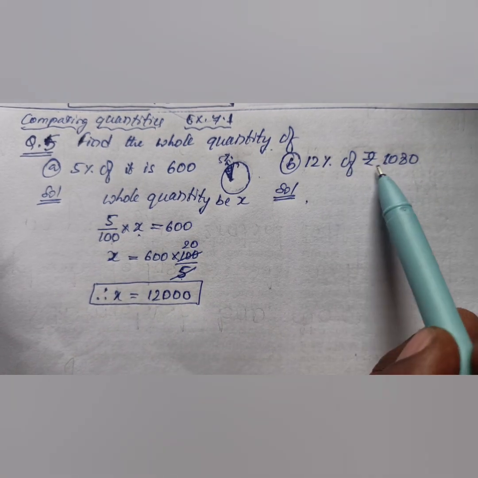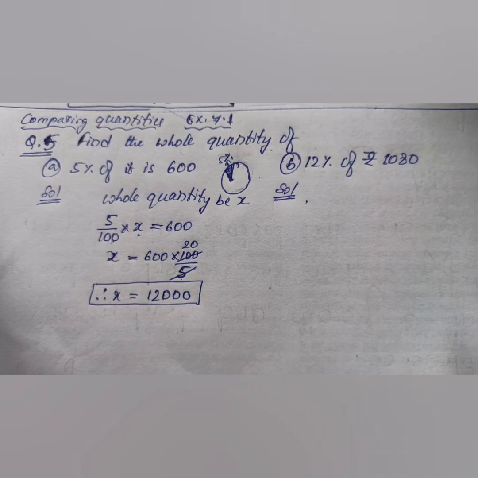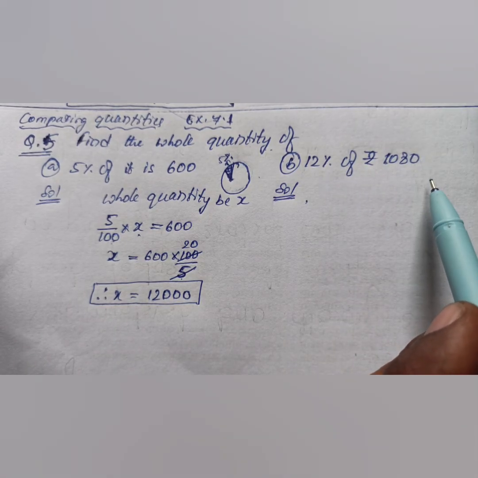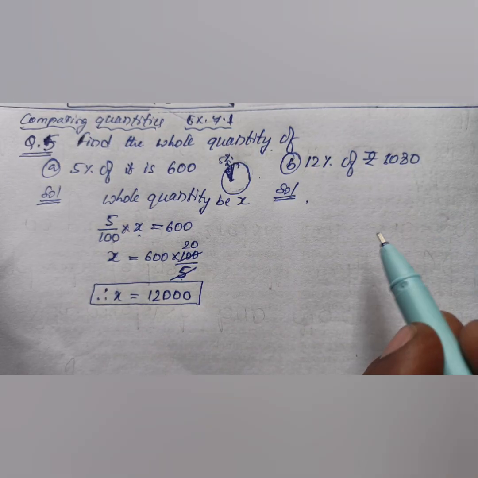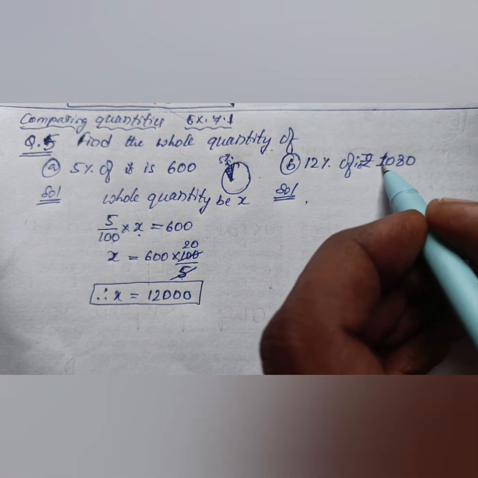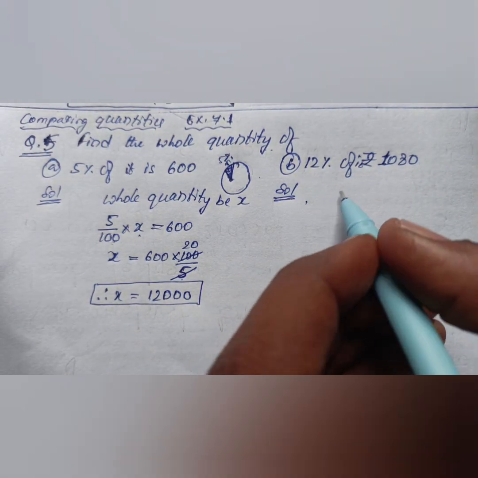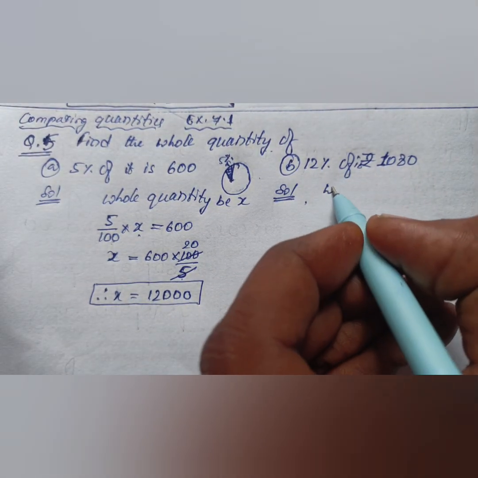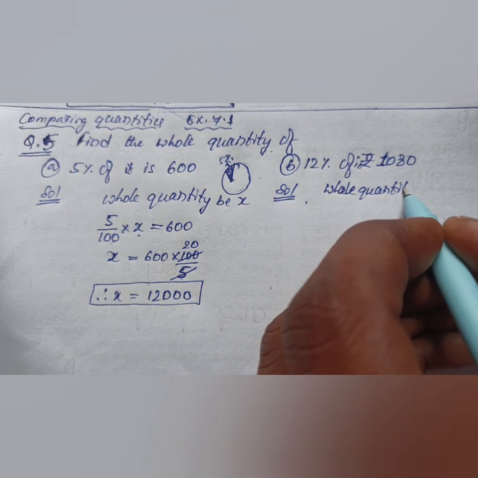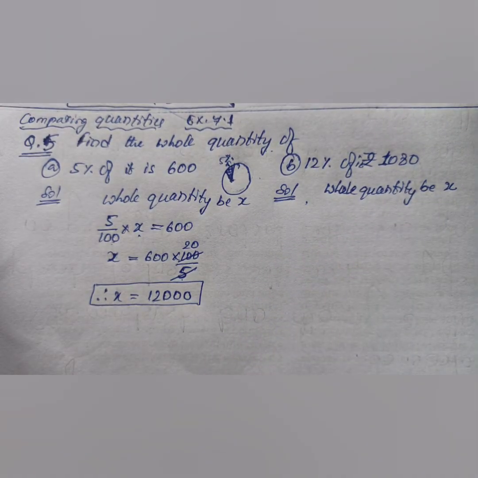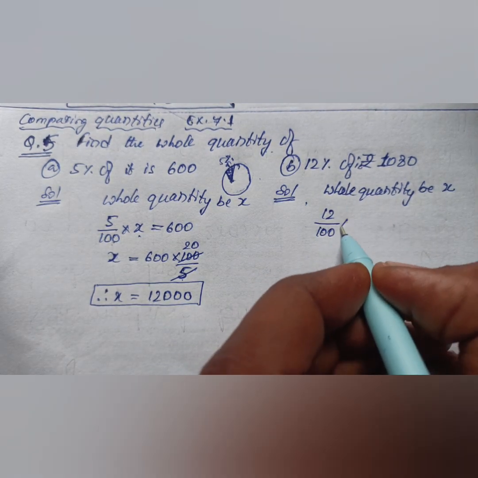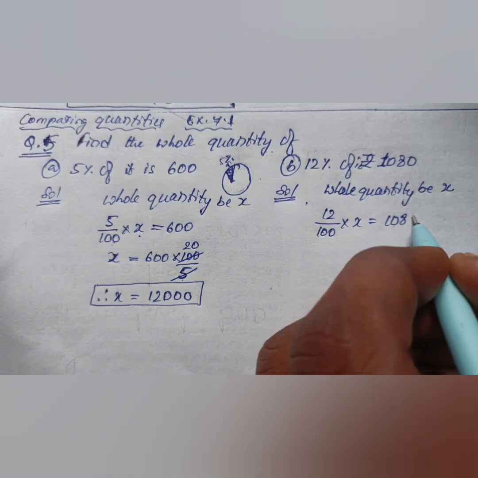Part B, 12 percentage of rupees 1080. Here they have given that 12 percentage is 1080 rupees. Now we need to find out the whole. Let the whole quantity be x. Now we know 12 percentage is 12 by 100 into x is equal to 1080.